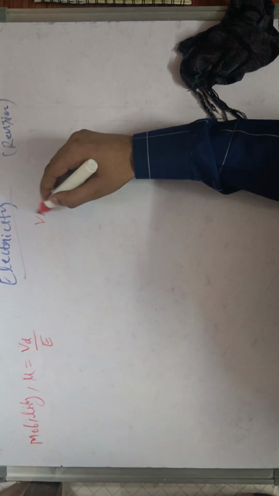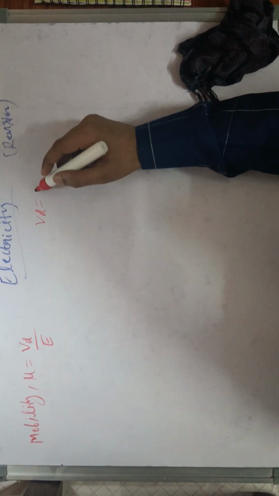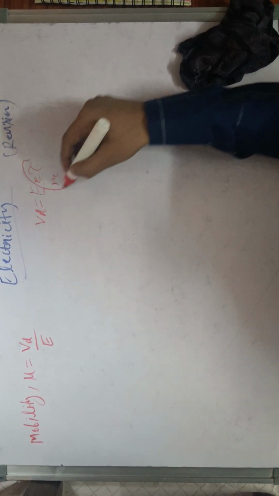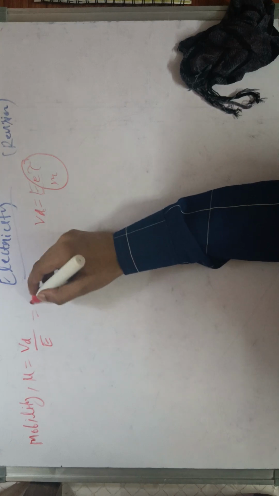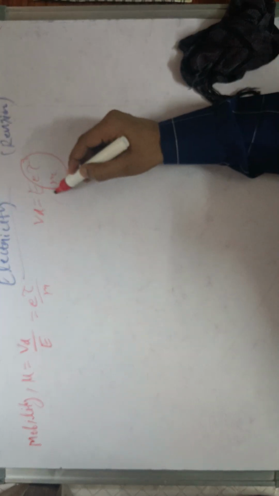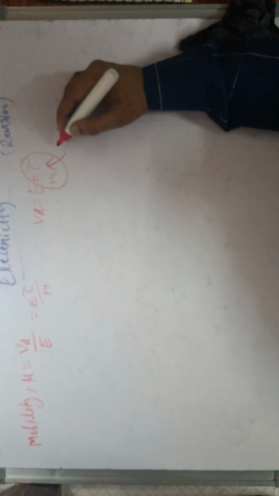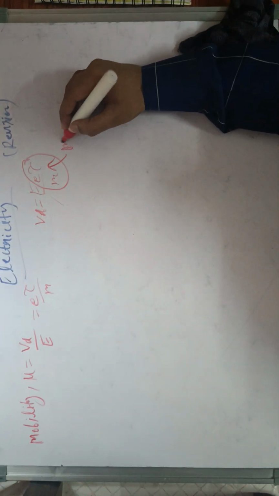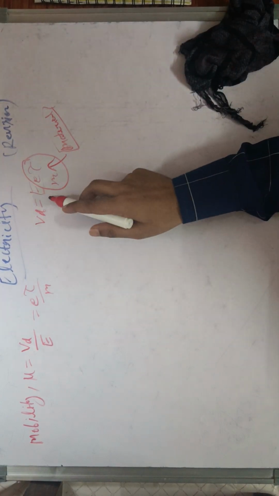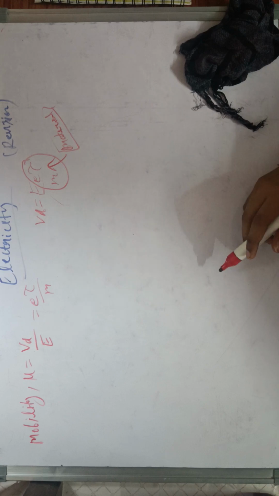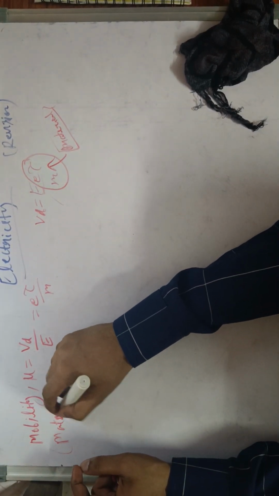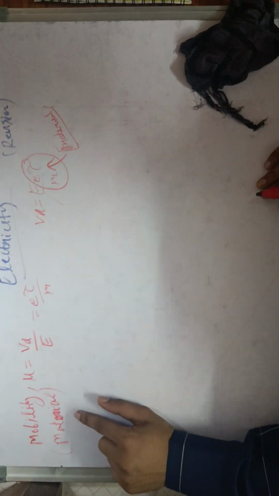We know that the formula of drift velocity is equal to E tau over m times E, so this part, e tau by m, is called the mobility, where E is the external factor and this is the factor of the material. This depends on the material a lot, and E depends on the external source of electric field. So mobility is the property of a material.